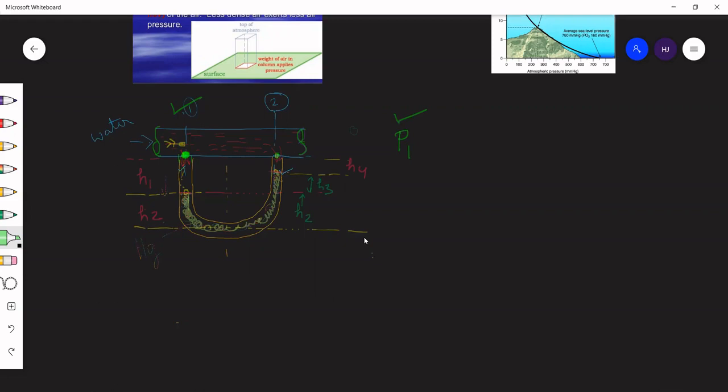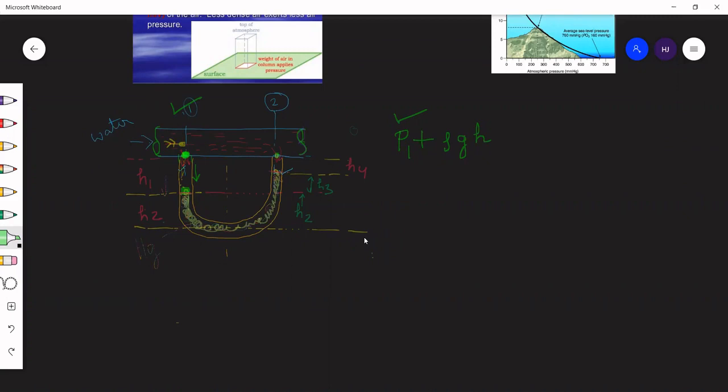Now, after I travel a distance of H1, I'm here. When I'm coming down H1 distance, what will happen to my pressure? Will it increase or decrease? Increase, so plus. How much? Rho g h, the formula we will always be using. But density of which fluid?